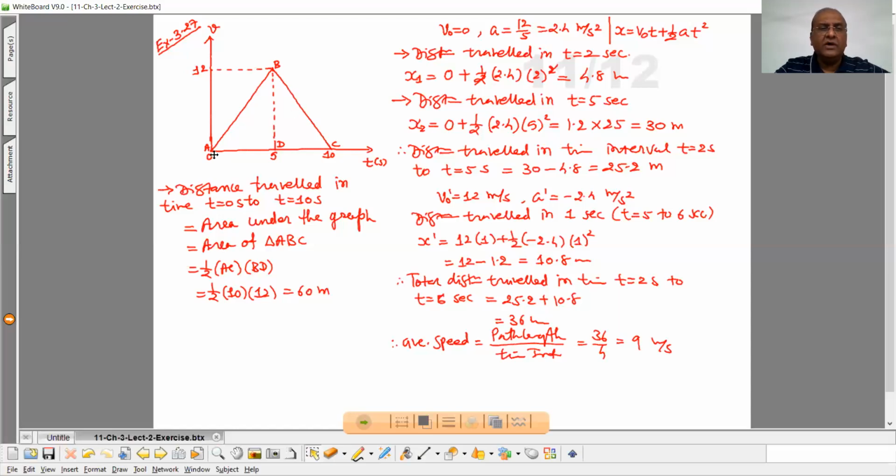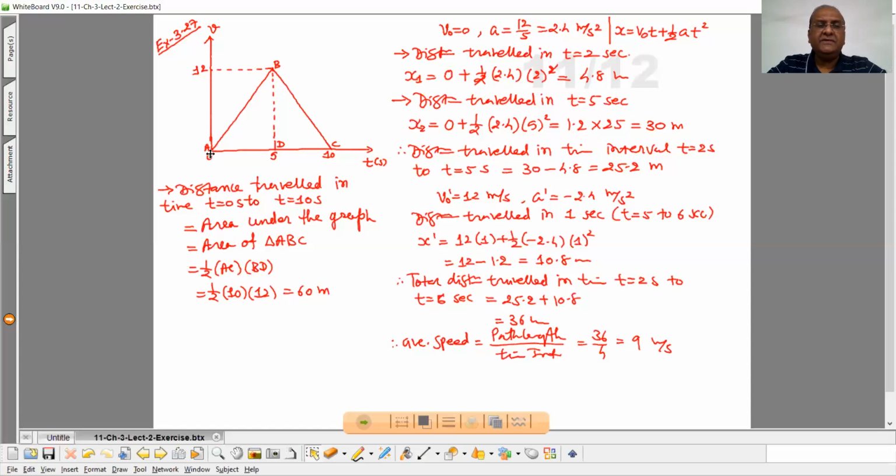So up to 5 seconds the motion is accelerated, and after 5 seconds it is decelerated. First we will calculate the distance traveled in 2 to 5 seconds, and then the distance traveled in 5 to 6, meaning in 1 second, and then we will take the summation of these, which will give the total distance traveled in 2 to 6 seconds. Got the idea? Okay, now let's start.